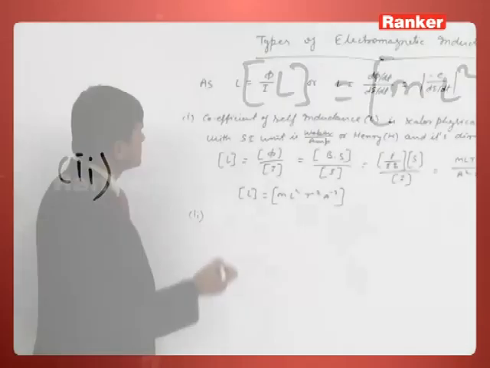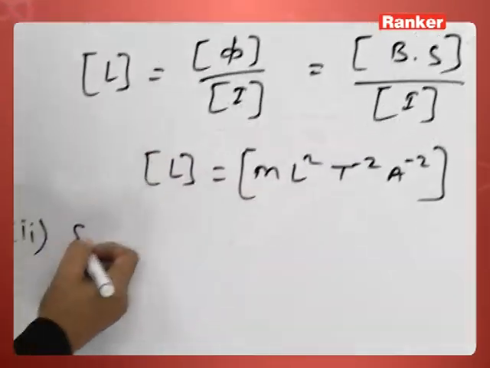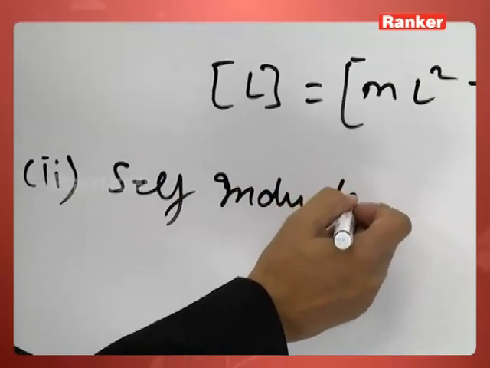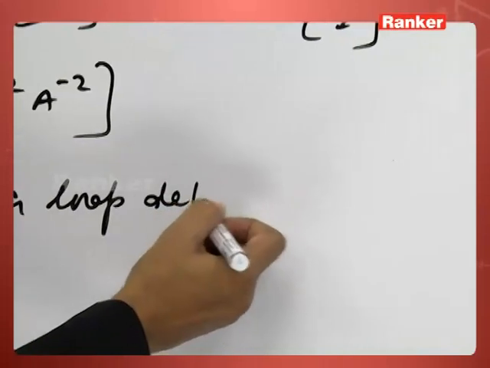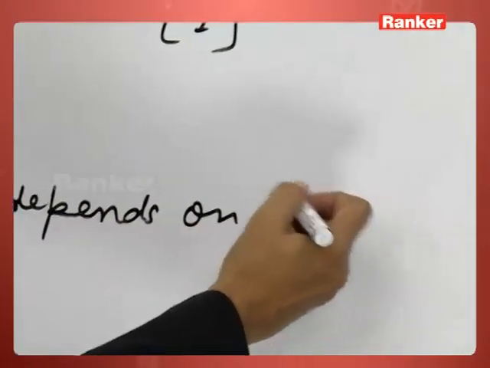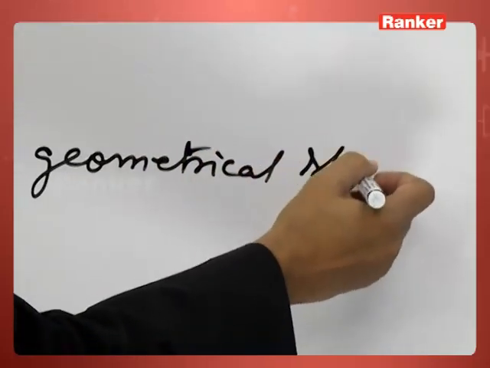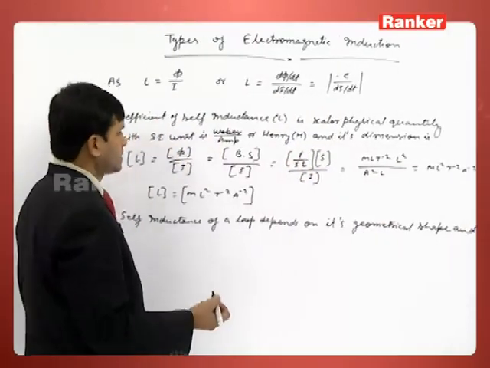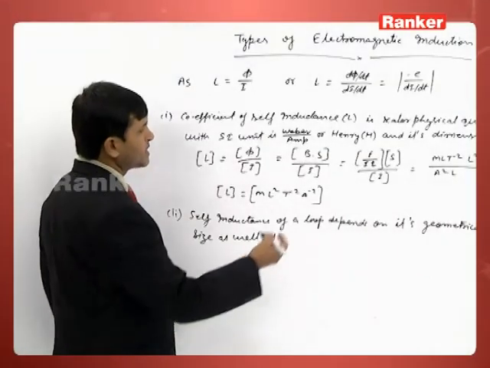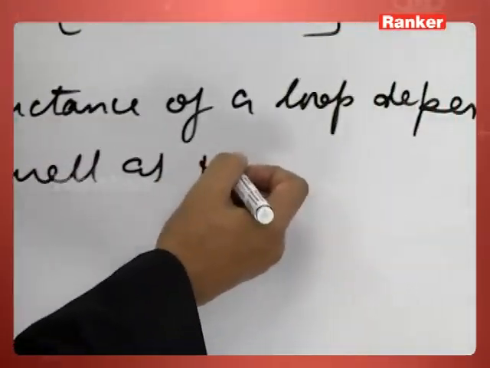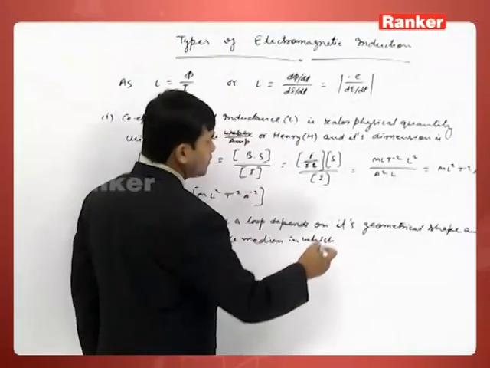Similarly, second point. Self-inductance of a loop depends on its geometrical shape and size, as well as the medium in which the loop has been kept.